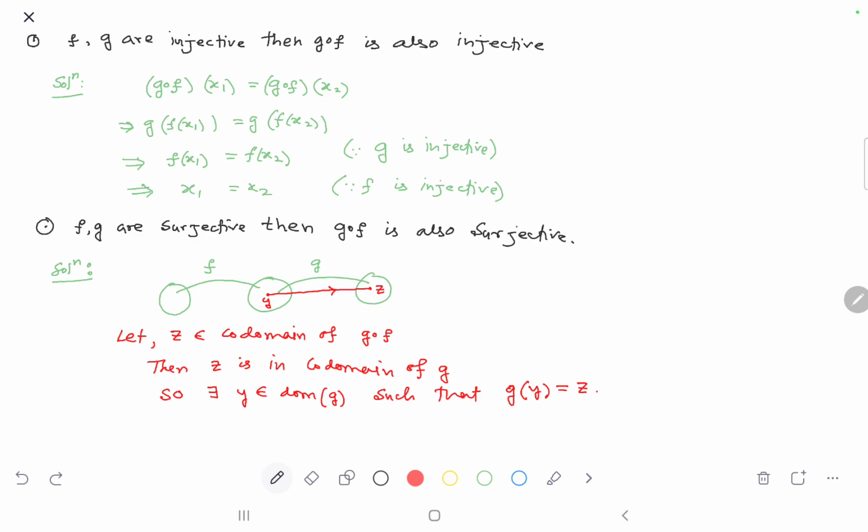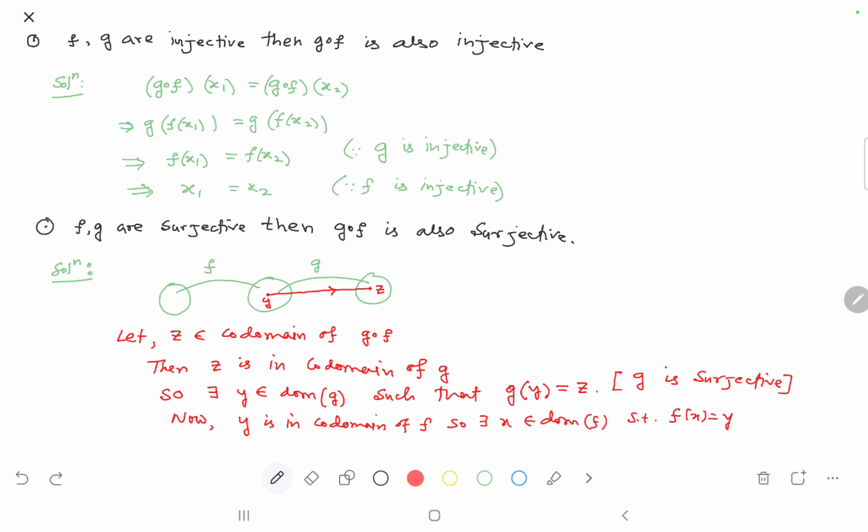Because g is surjective, we are doing the backward process. Now y is in the codomain of f. So there exists x inside the domain of f such that f of x equals y.